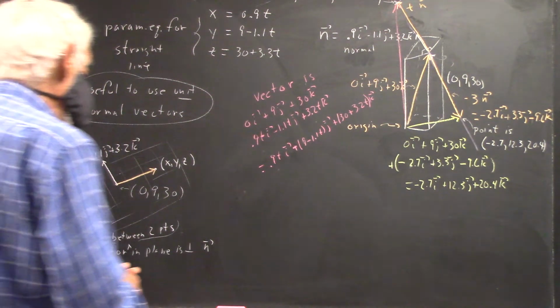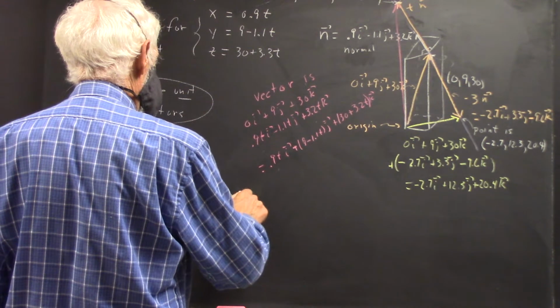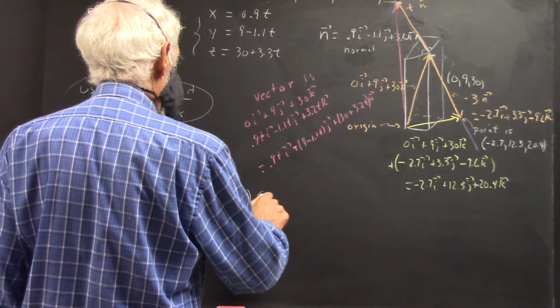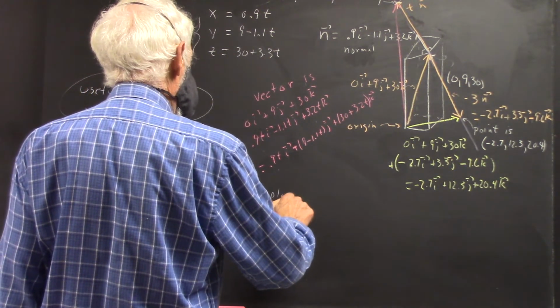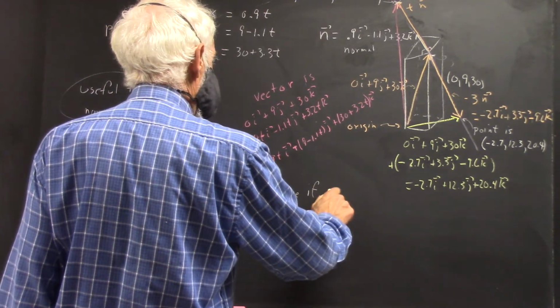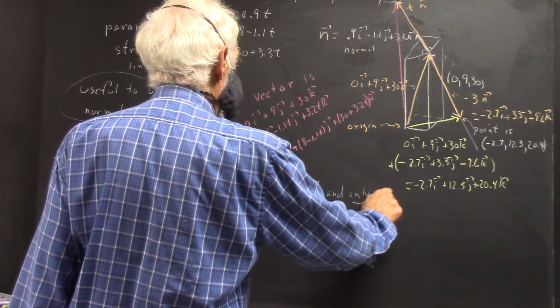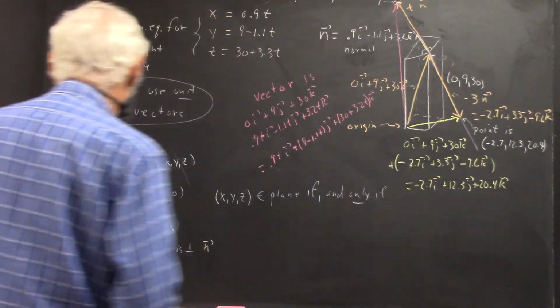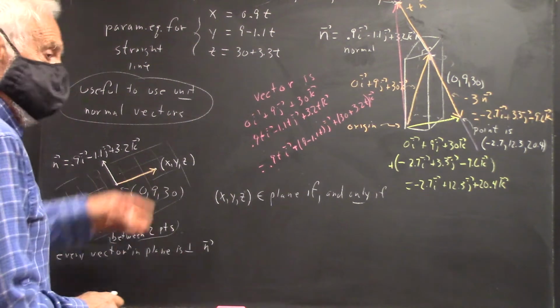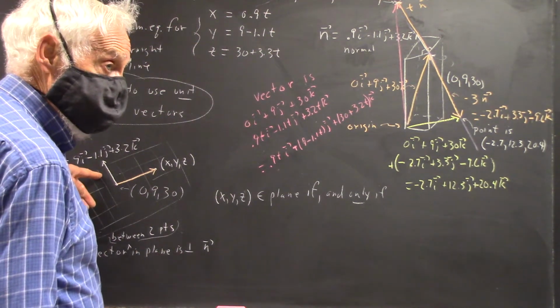So now I can say x, y, z is in the plane if and only if this orange vector is perpendicular to n, right?